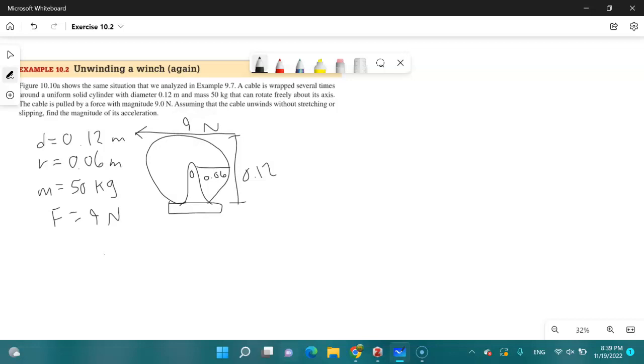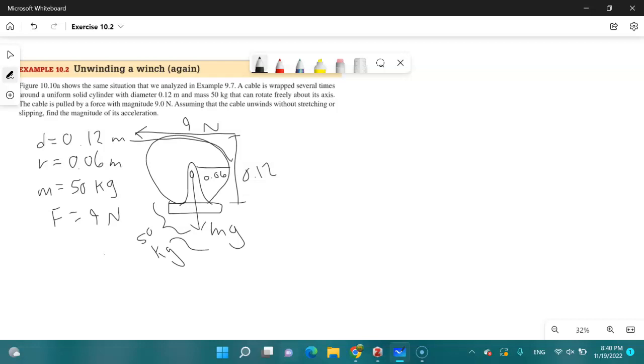And then a cable is being pulled in that direction, so we can just imagine the cable going that way. And then the whole mass of this uniform solid cylinder is the 50 kilograms. So that is the main thing. And then we also do have the weight, the mass times gravity, going downward. And we could probably find this with this.